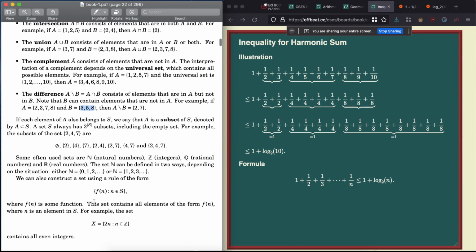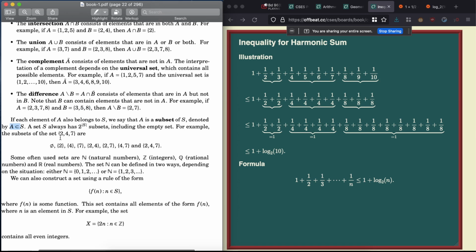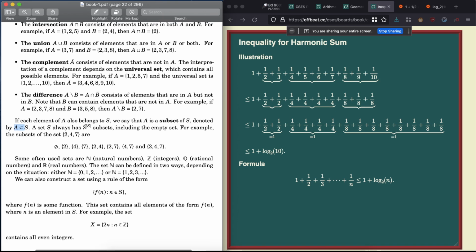If each element of A also belongs to S, we say that A is a subset of S, denoted with this symbol. A set S has always 2 to the power of the number of elements in S subsets. So as an example, if a set has 3 elements, then we can make 8 possible subsets from it, and it is just a simple binary calculation.